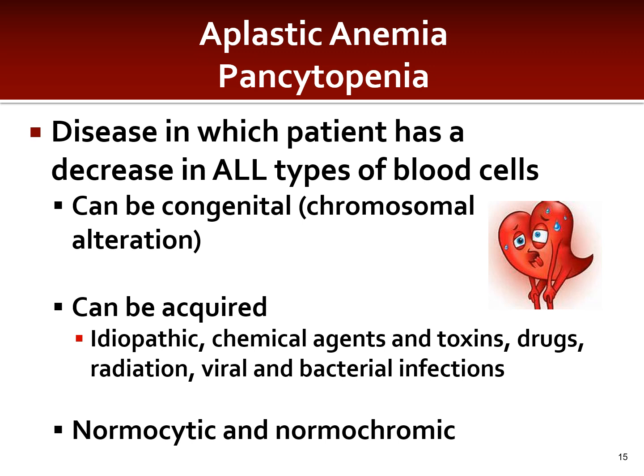Aplastic anemia or pancytopenia is where you're going to see a decrease in all of your cell types. Usually it's congenital due to a chromosomal alteration. It can be what we call idiopathic, meaning we don't know why it happened, or it could be due to a chemical agent or toxin. It could be related to drugs, radiation, or viral or bacterial infection.